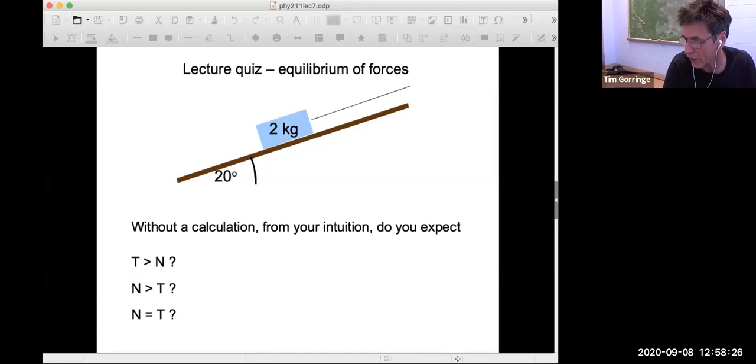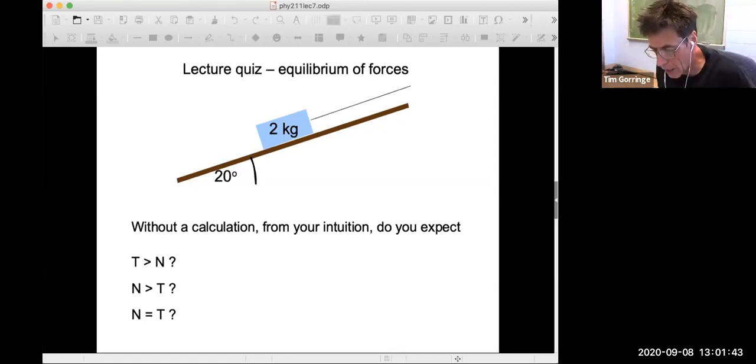Without any calculation, I'm going to ask you to think about which one you think is bigger. Is tension bigger? Is normal force bigger? Or are they the same size? You should see a quiz posted now.